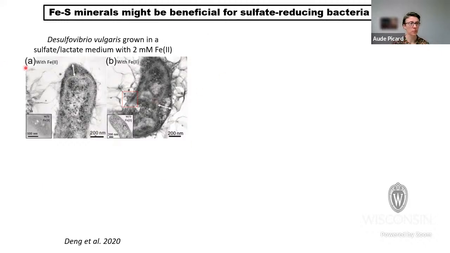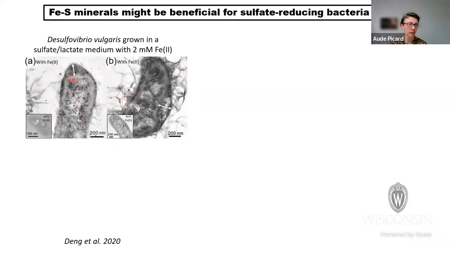This is an example of a sulfate-reducing bacterium called Desulfovibrio vulgaris, which has been grown in a medium with sulfate as the electron acceptor, and lactate as the organic compound that they oxidize, producing energy, in the presence of some iron too. What they show is some precipitation.